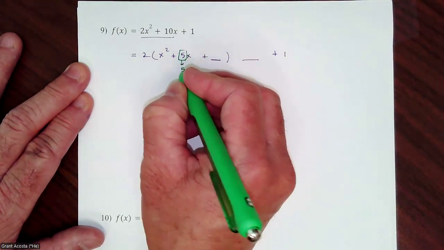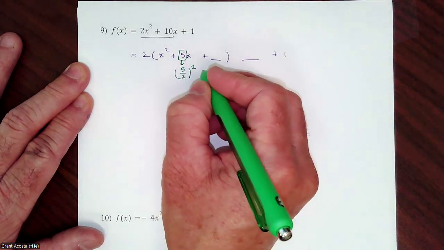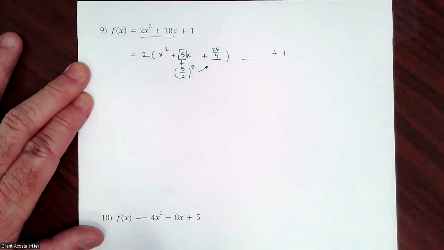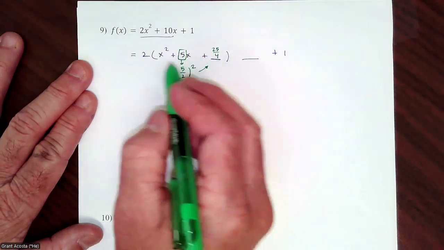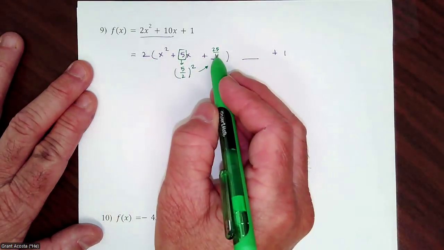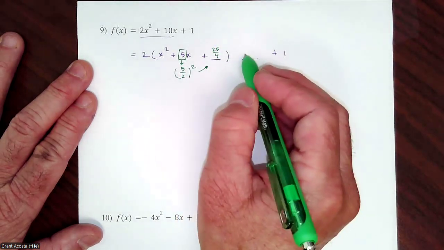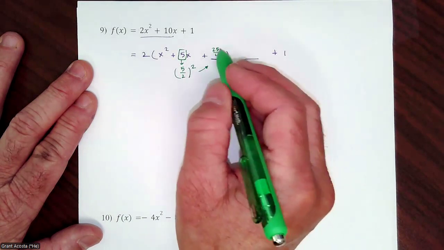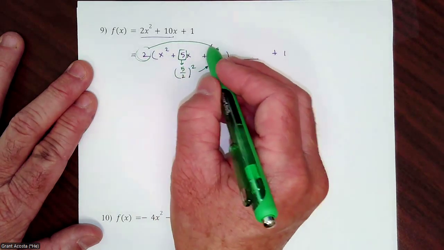Half of this number squared is going to give me 25 fourths. Oh boy. All right. So then, kind of like the last one, I've got to make sure I'm adjusting appropriately. I've changed the problem by what looks like to be 25 fourths, but again, I have to think about what this is really going to become.